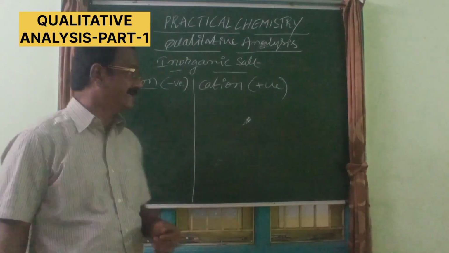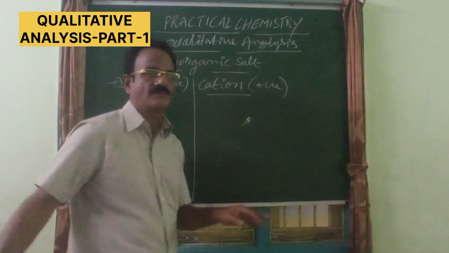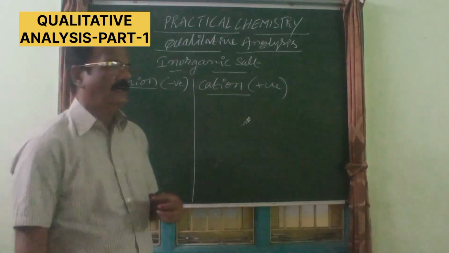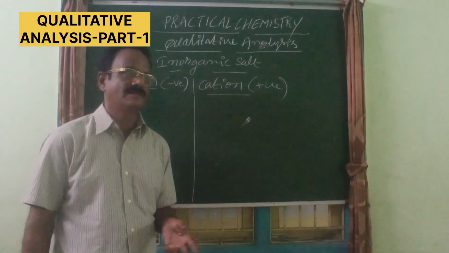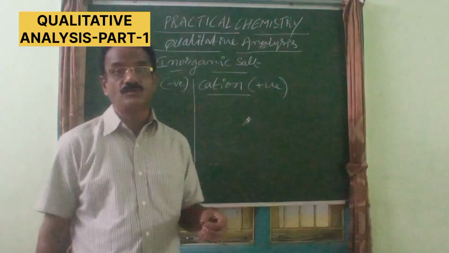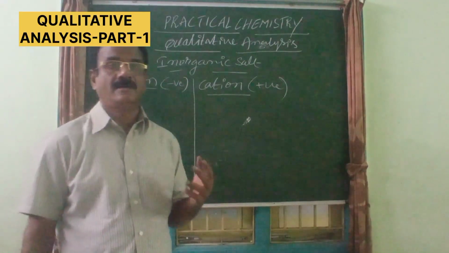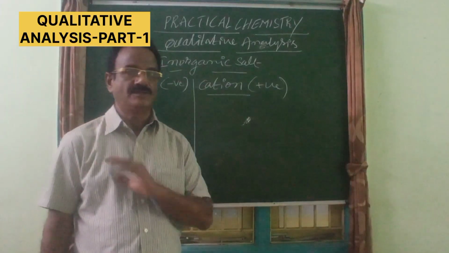Let us see, according to the systematic procedure, how many anions and how many cations are to be analyzed by the student of intermediate, class 12 or UG courses.